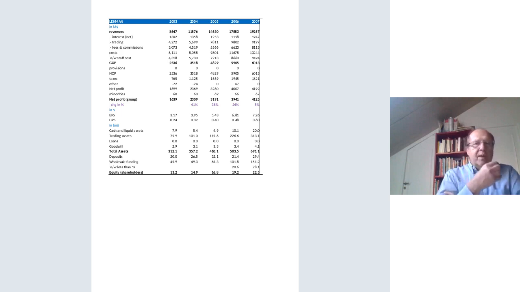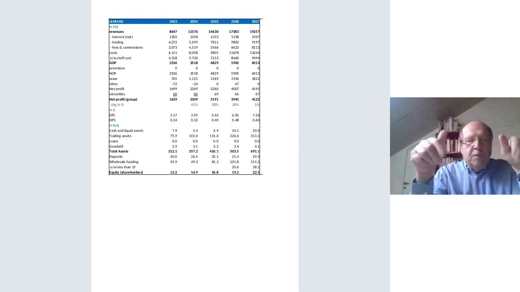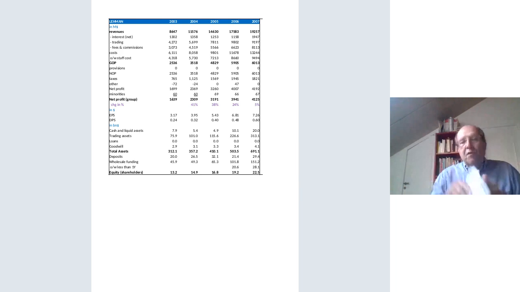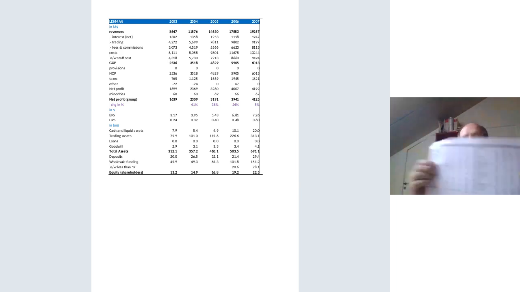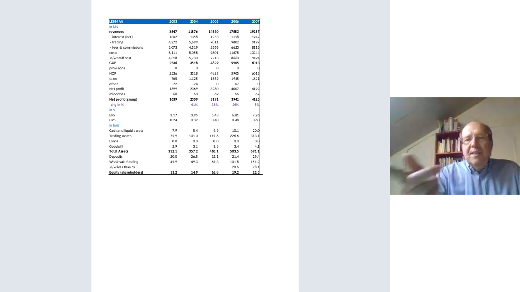I uploaded the Excel file on the bank model. You have it in the files section of Canvas. I believe it's impossible to follow on the screen, so I invite you to go directly to the Excel. I printed it, because there are a lot of columns and numbers, and it's very difficult to put on the screen and read.